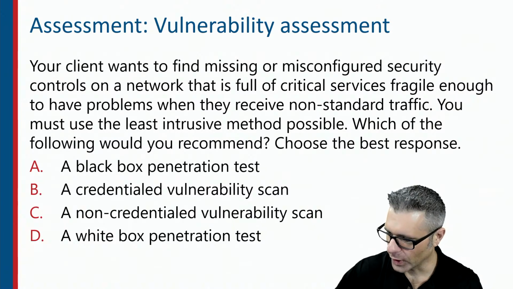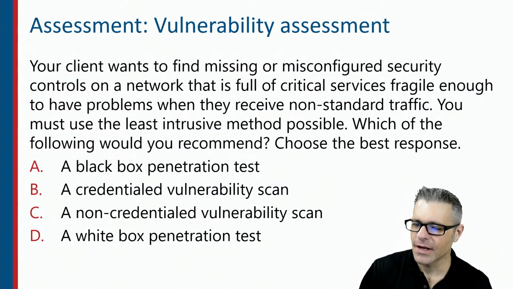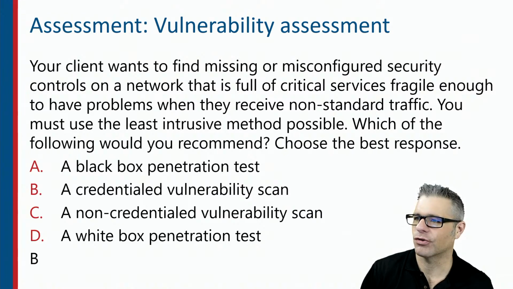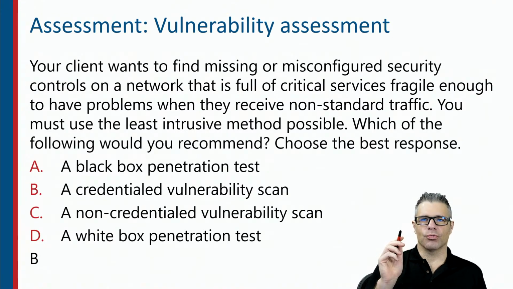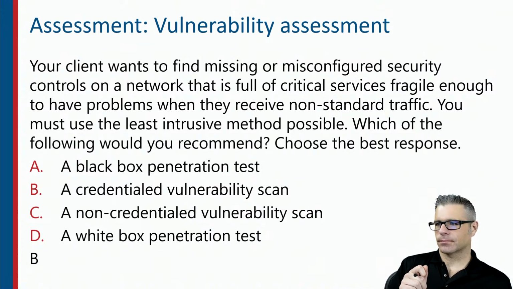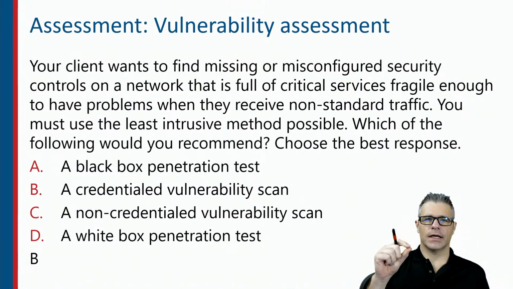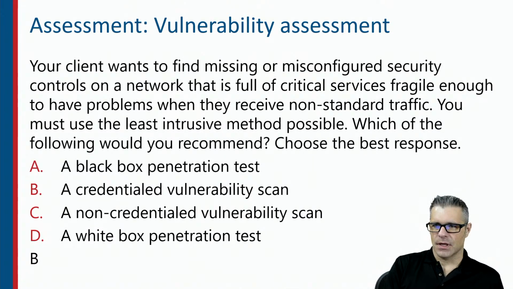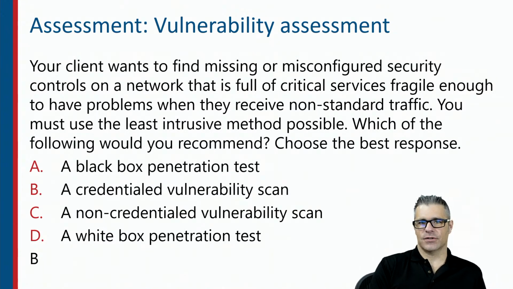Well, I'm glad we have the answer on the next slide because I don't want to screw this up. They're thinking they want you to do a credentialed vulnerability scan. And the reason they're saying that is because a credentialed vulnerability scan is going to log into those systems and wouldn't log into a system that it didn't have credentials for.